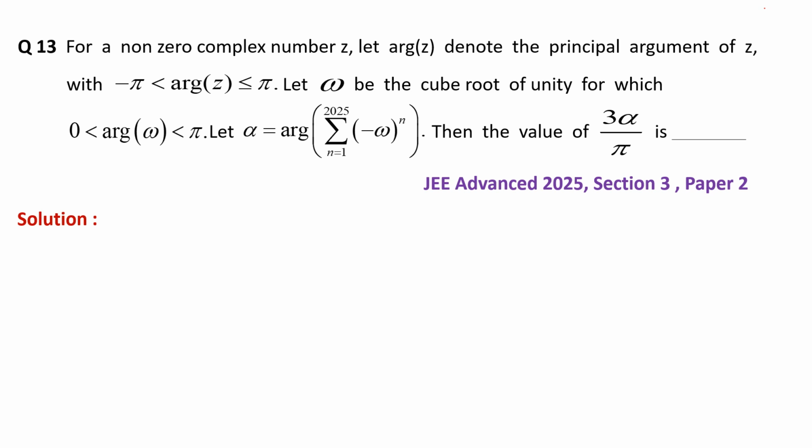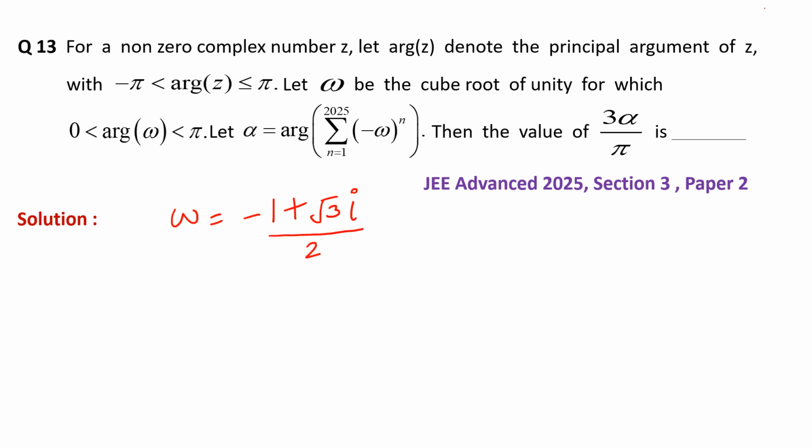Among them, minus 1 plus root 3 iota whole divided by 2 is the one whose argument lies between 0 and pi. Its argument is 2 pi by 3, right? So the value of omega is equal to minus 1 plus root 3 iota whole divided by 2.